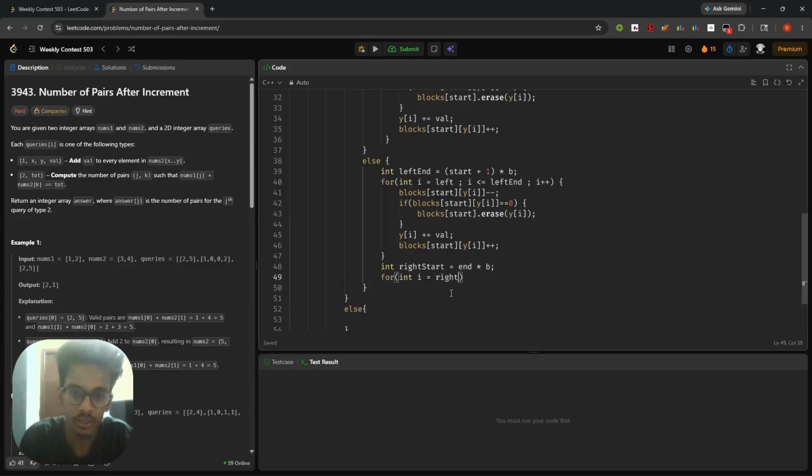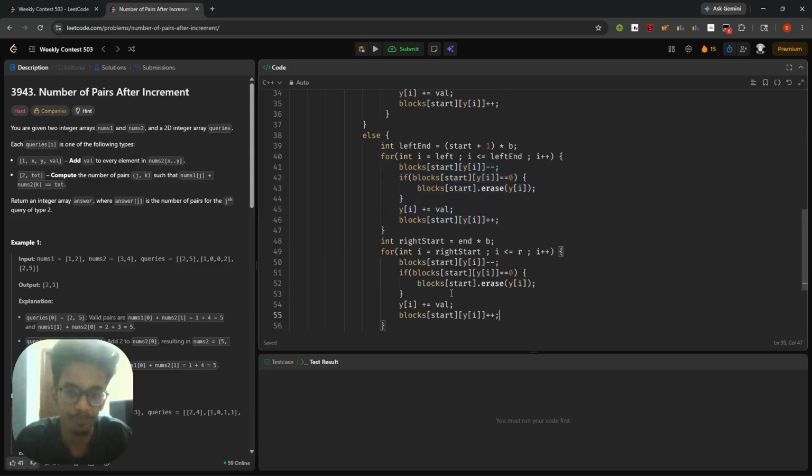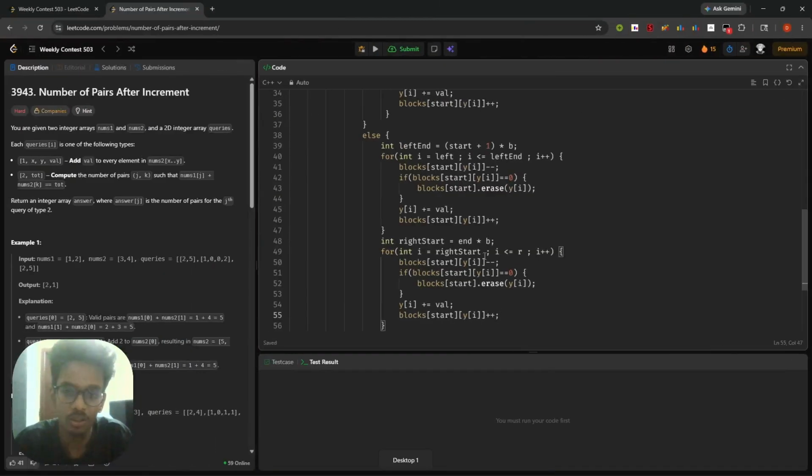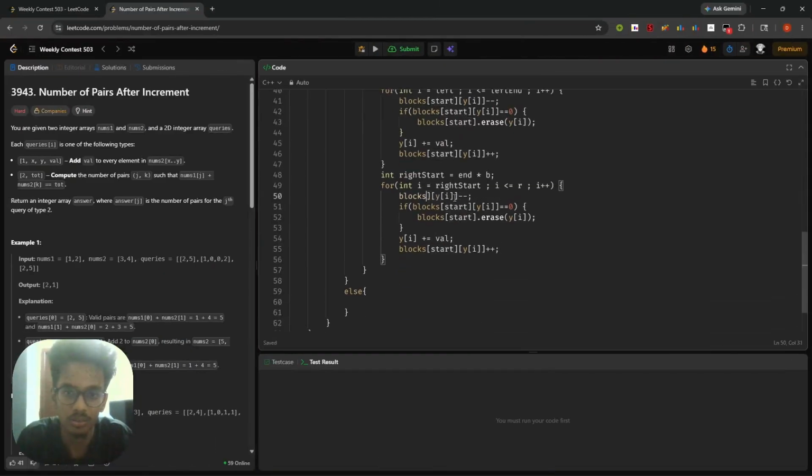So for int i equal to right start, i less than or equal to r, i plus plus. This time we need to do the same brute force again, but one small change is because we are at the end block, we need to make this as end here as well.